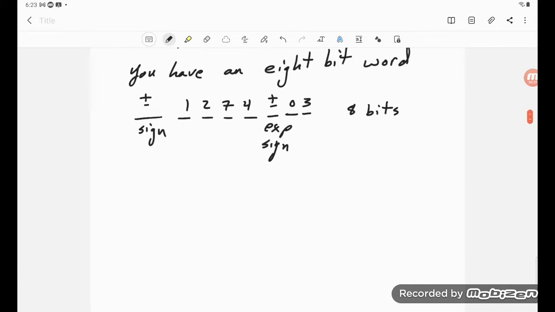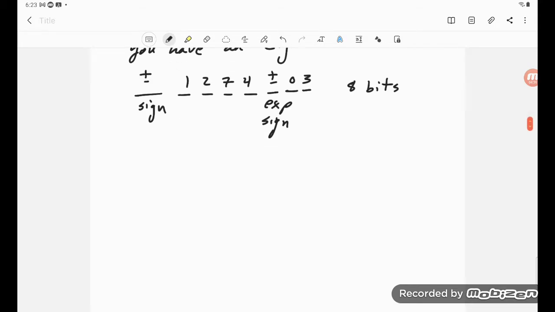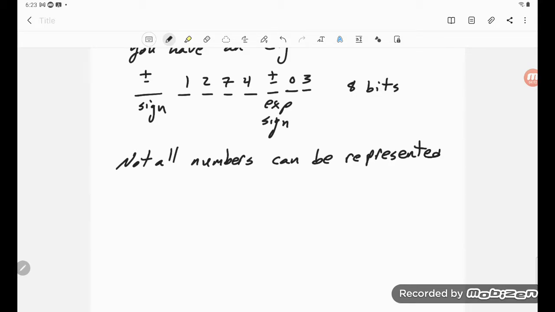Now, as we look at that, what are the first things that come to mind? Well, not all numbers can be represented. Here I'm representing negative 1.274 times 10 to the negative third.